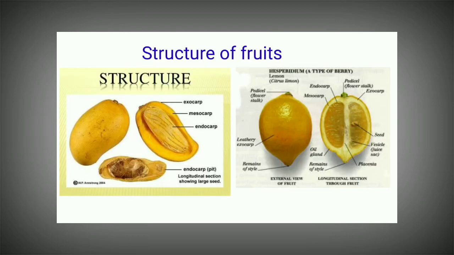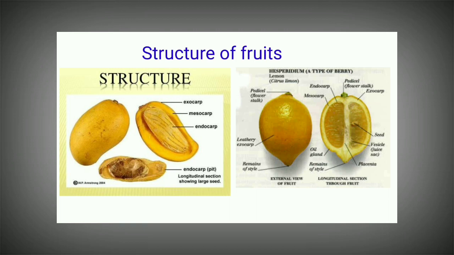Now let's come to the inner structure of fruit when seen through a longitudinal section. Here you have seen the longitudinal section of two fruits. One is the mango and the other one is the lemon. In any kind of fruit, the ovary wall develops to form the pericarp of the fruit.